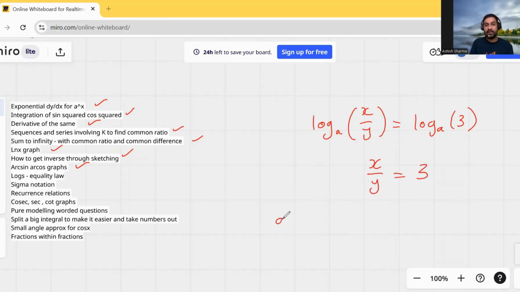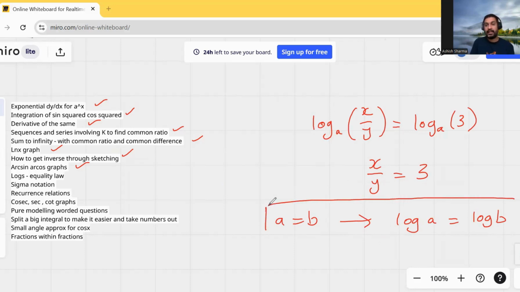In essence, if two things are equal to each other, then log of A equals log of B, regardless of the base. Okay. And actually, this goes both ways. If log of something equals log of something else, you can say the contents of those logs must be equal. Where does this come in useful? Sometimes I see students who just cross out the logs, and that's incorrect maths. It's not correct to cross out logs. You can't do that. Okay. So it's something that does come up in solving sometimes.